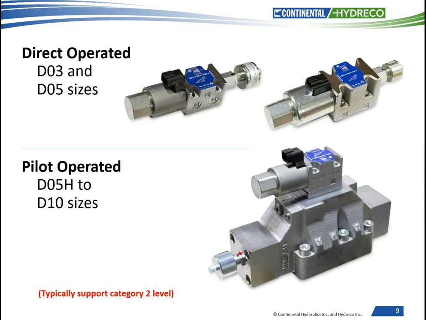So, what is available? Monitored valves are available in direct operated DO3 and DO5 mounting sizes, and also available in the pilot operated DO5H all the way up to the D10 mounting sizes. Coils are only available with DC voltages.